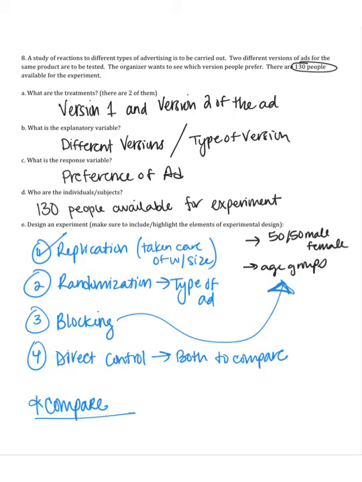You can write the whole thing out and highlight them different colors. You can address them all independently. You can use some kind of diagram, like you could say, okay, I have 130 participants, and I'm going to split them.